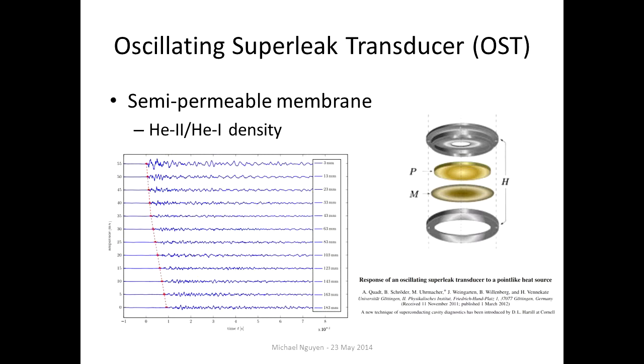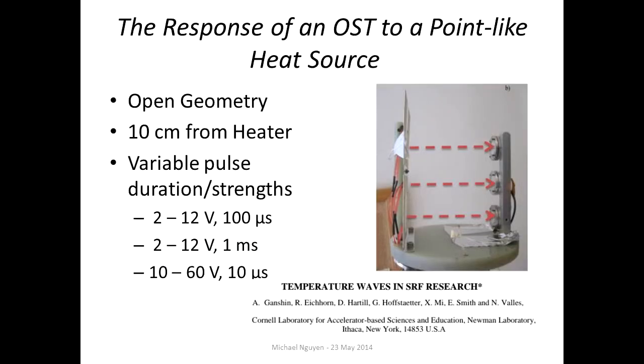We use this to triangulate a position by arranging OSTs in some sort of geometry around the multi-cell cavity. As you can see in this figure, from the response of an oscillating superleak transducer due to a point-like heat source, they were able to determine the spot by examining the different arrival times of the second sound wave.